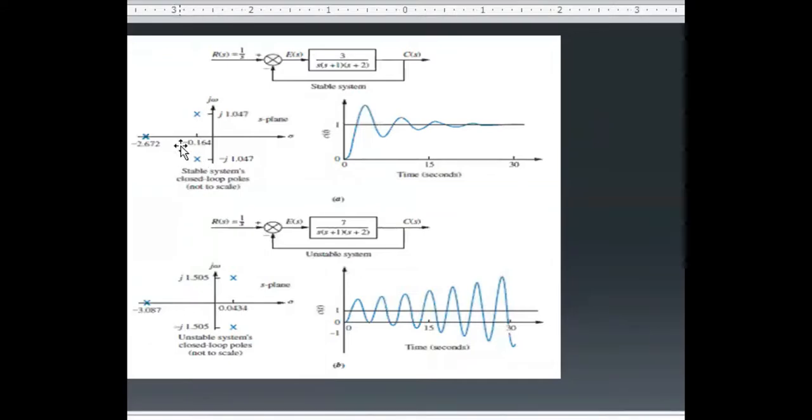Then you have a pair of complex conjugate poles lying at -0.164 + j1.047 and -0.164 - j1.047. In this case, your poles are lying on the left half plane. You don't find any poles on the right half plane, or any pole on the jω axis.